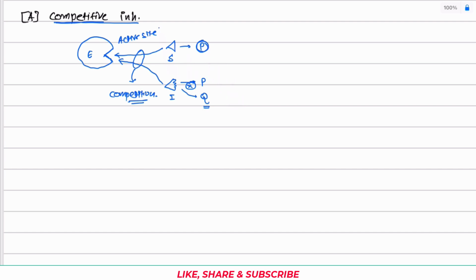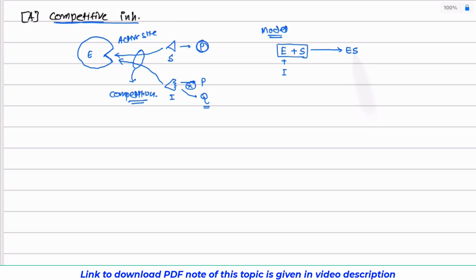Now let's try to represent everything in a proper model. Suppose this is the enzyme. This enzyme has two possibilities. It can either bind with the substrate or it can bind with the inhibitor. If the enzyme binds with the substrate, it leads to formation of the enzyme substrate, that is ES complex.